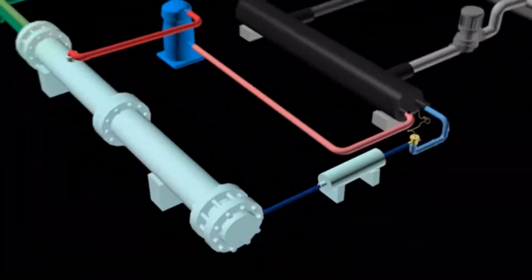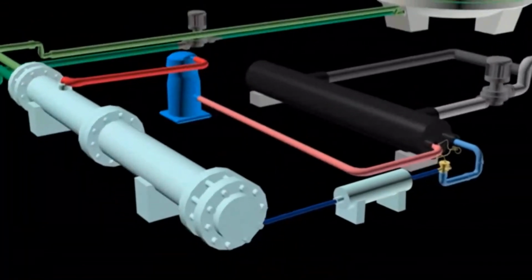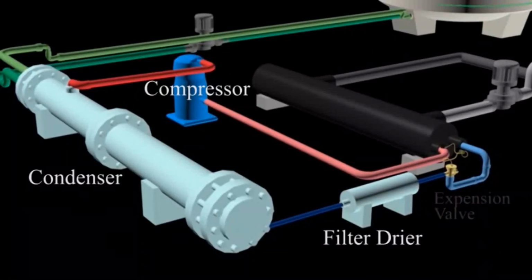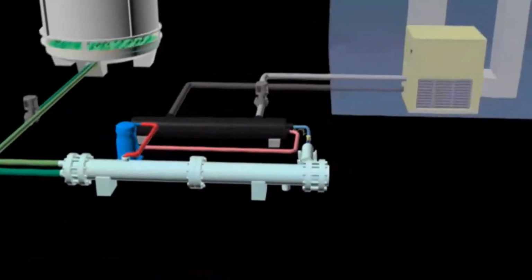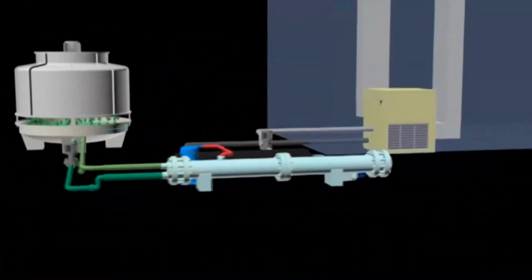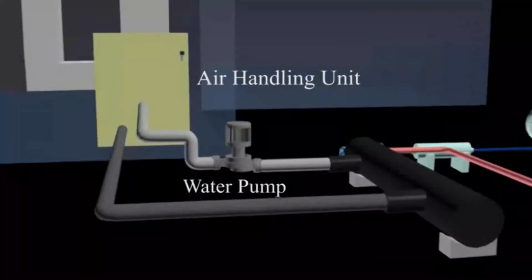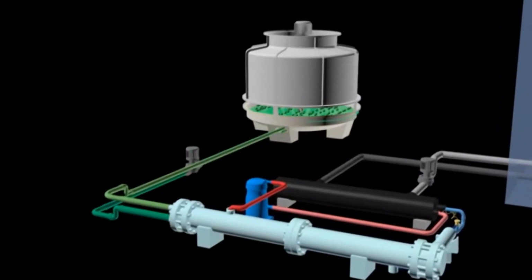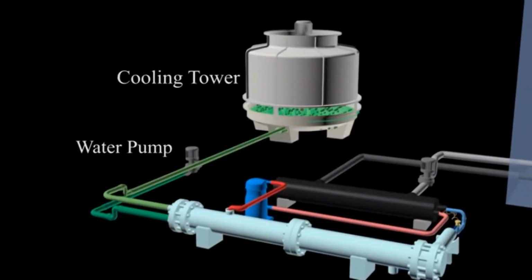The components involved in refrigerant cycle are compressor, condenser, filter dryer, expansion valve and evaporator. For chilled water cycle, the components involved are air handling unit and water pump. In condenser water cycle, the components needed for the process are cooling tower and water pump.